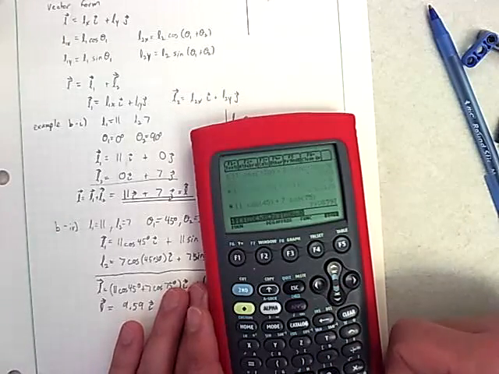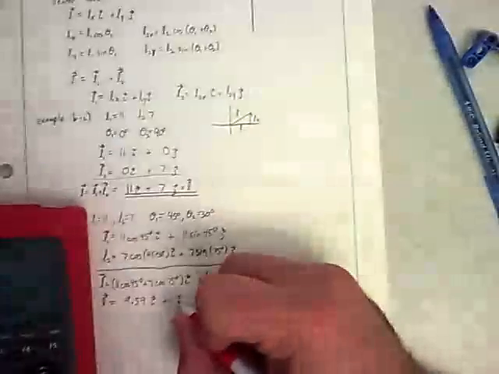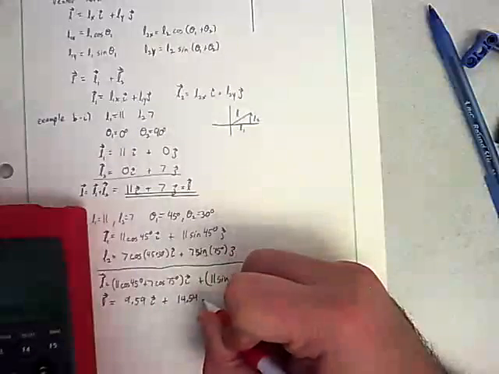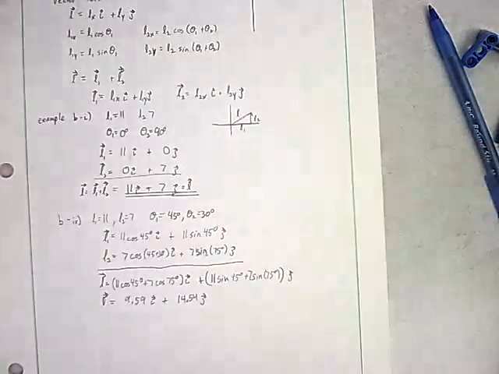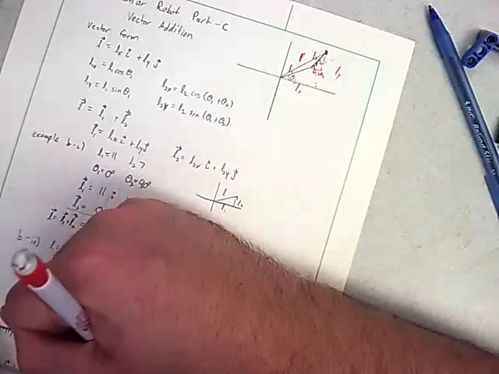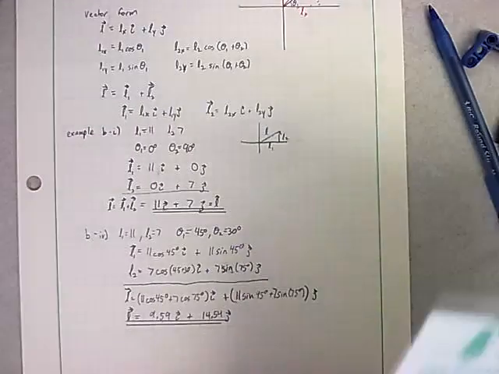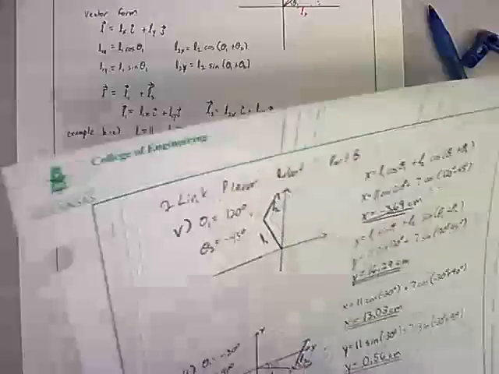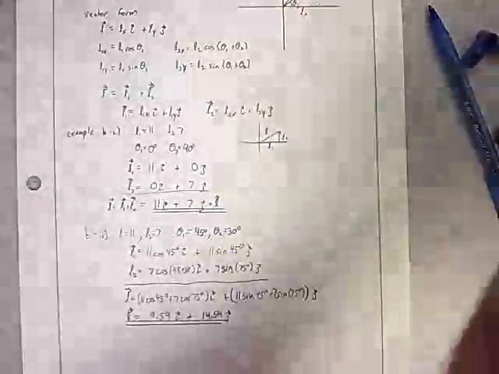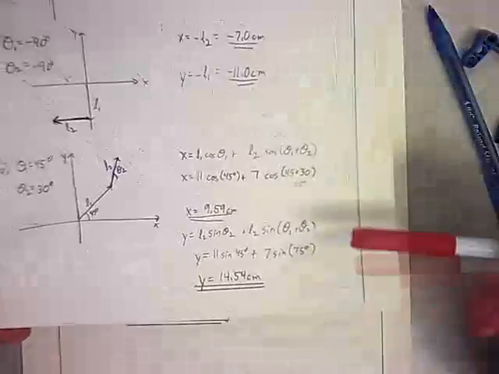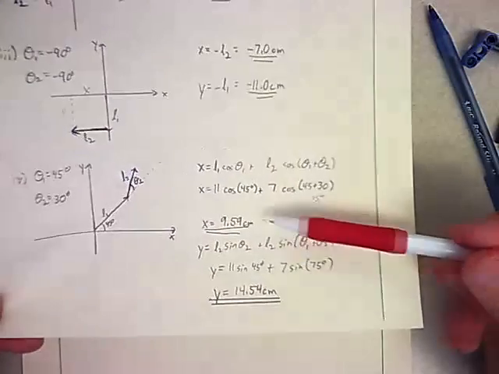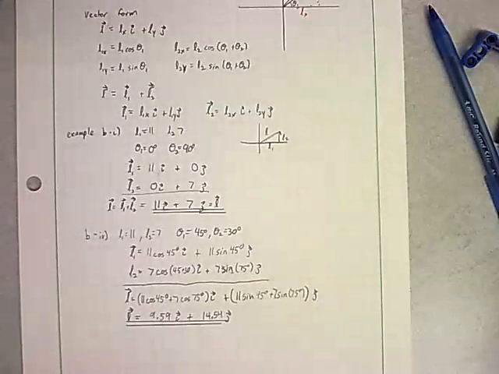Always keep up with your parentheses. 14.54 in the j direction. And hopefully we got that, and it should be the same as what we had on that portion of part B earlier, where we got that x was 9.59 and the y was 14.54. We're just expressing it now in vector form.